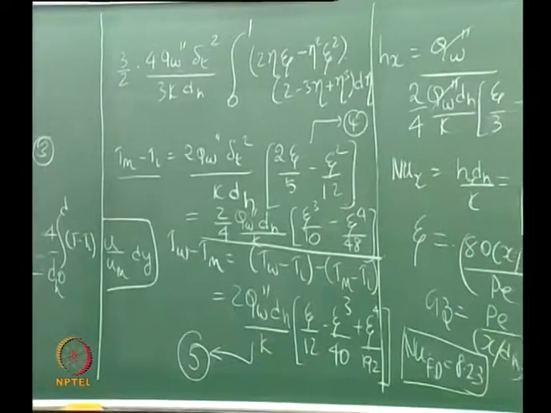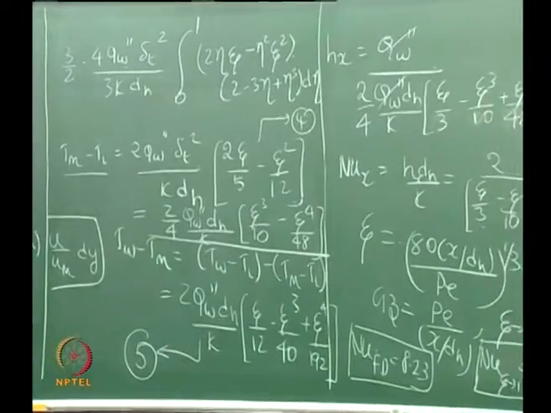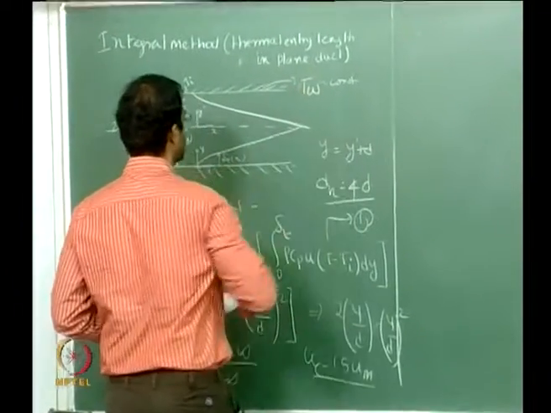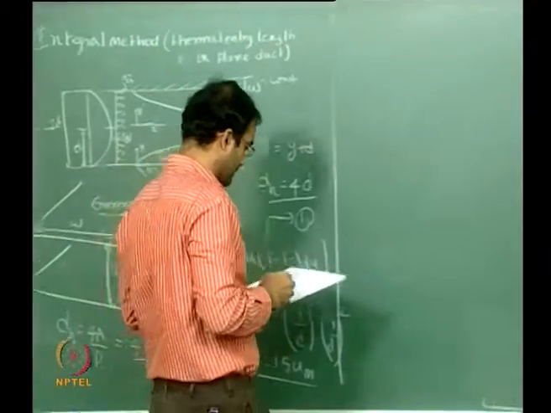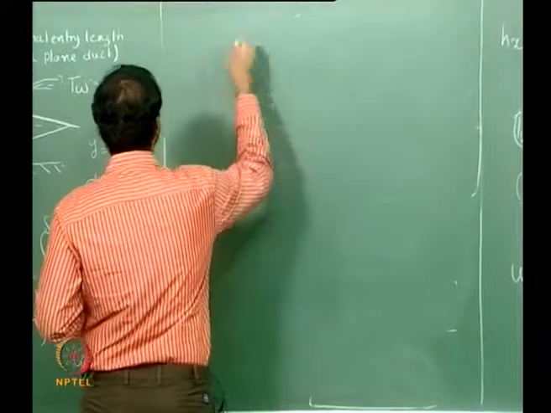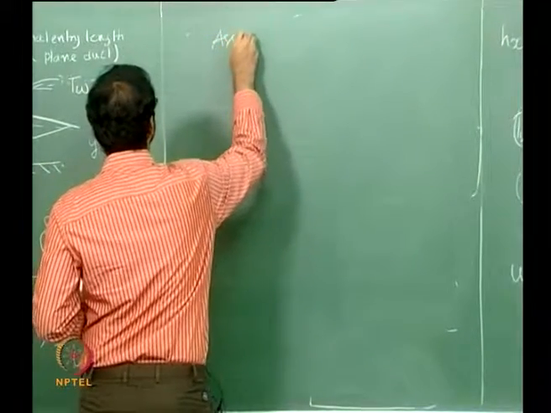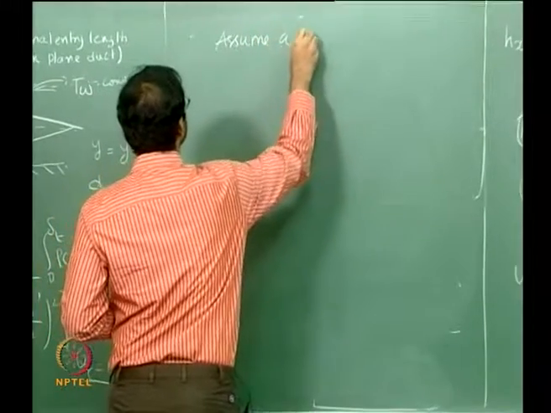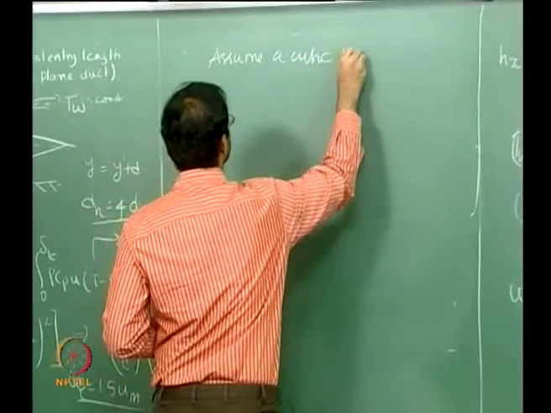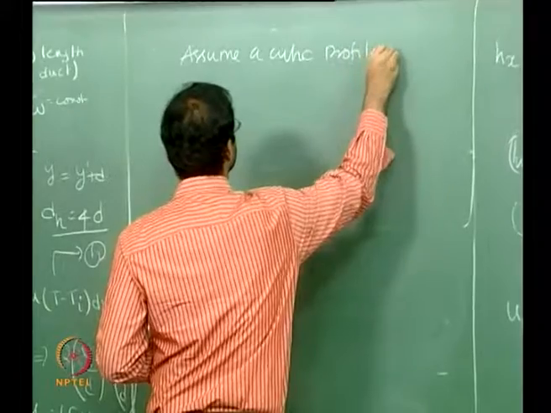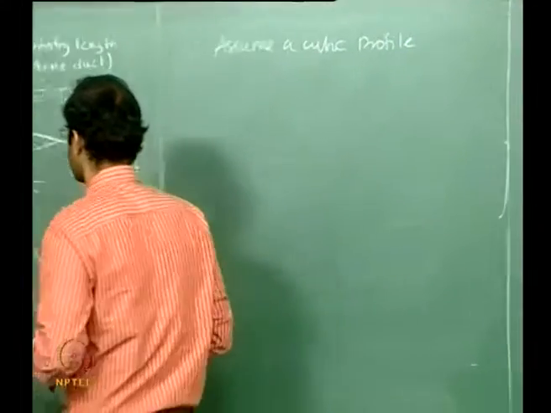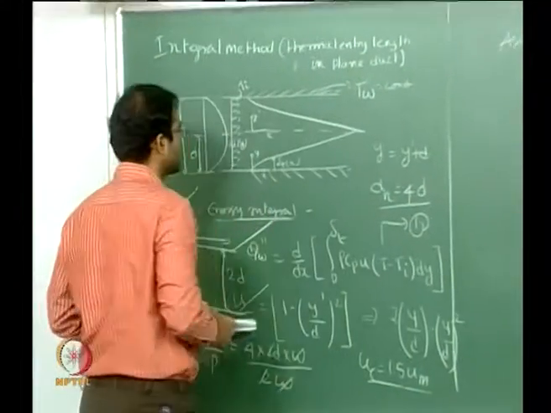So if you consider that instead of constant wall flux, you have a constant wall temperature boundary condition. Again you can assume a cubic polynomial for temperature, and you should of course use the appropriate boundary conditions in this case.